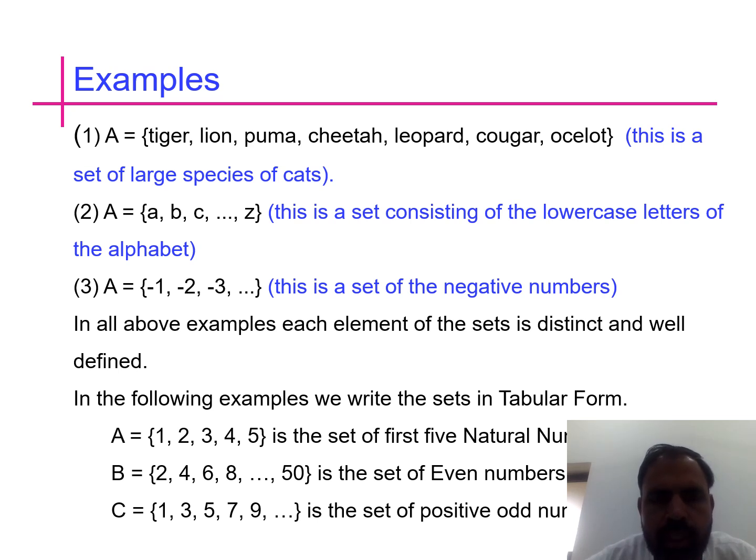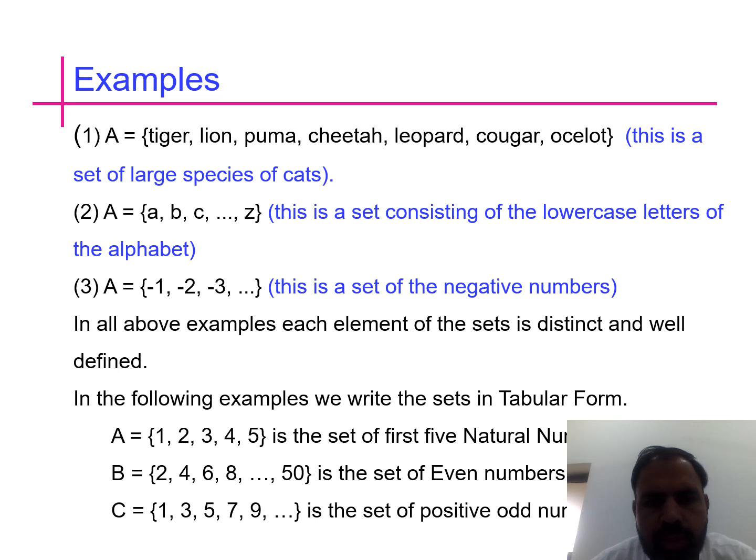We can say that A is a set of alphabets, consisting of the lowercase letters. And A equal to -1, -2, -3 is a set of negative numbers. These are all examples of sets. In all the above examples, each element of the sets is distinct and well defined.